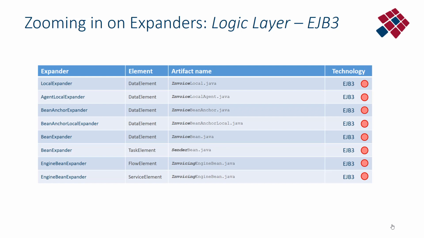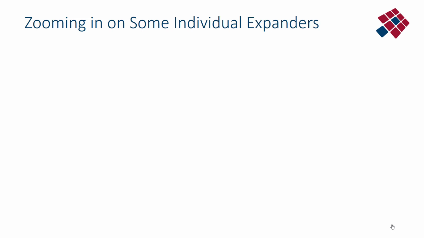Just like in the previous zoom, where we zoomed in on the data layer, we zoom a little bit more in on the expanders which seem the most peculiar. And so, of course, which seem the most peculiar are the two engine bean expanders belonging to the flow element and the variation service element.